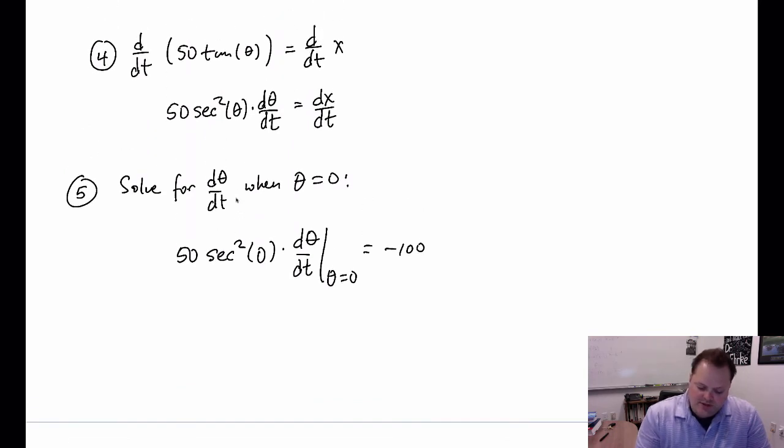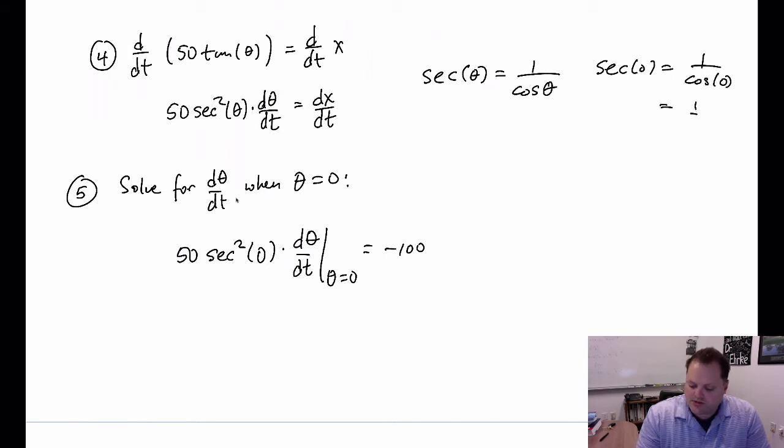So secant, if you recall, secant of theta is 1 over cosine. So secant of 0 would be 1 over cosine 0, and cosine of 0 is 1. So I've got 50 times 1 times d theta dt is negative 100.